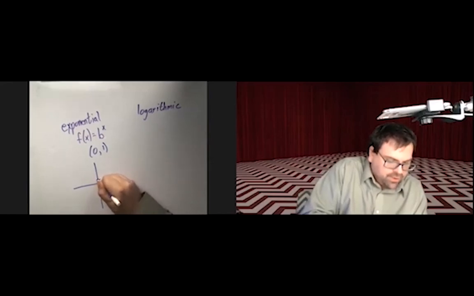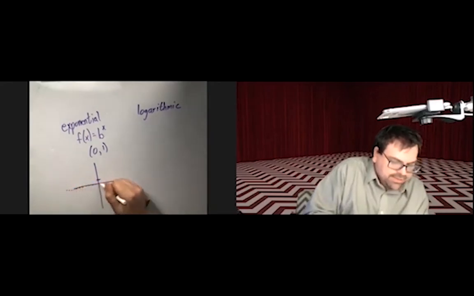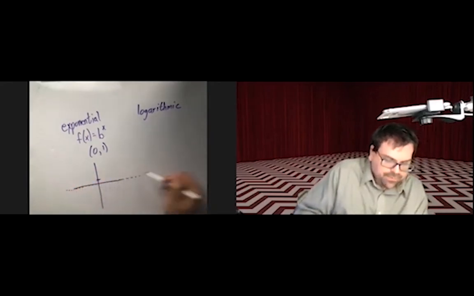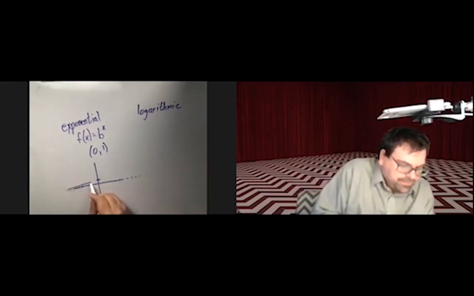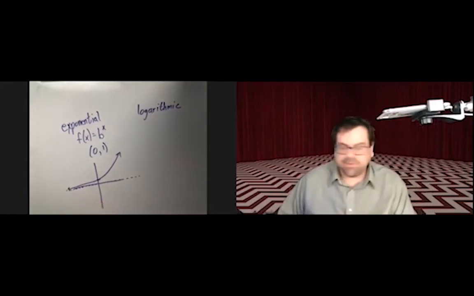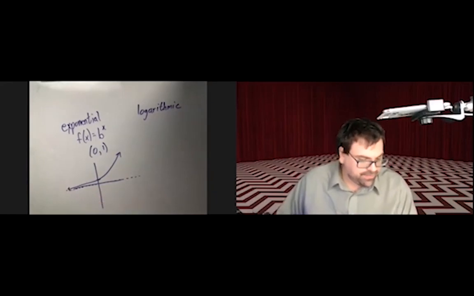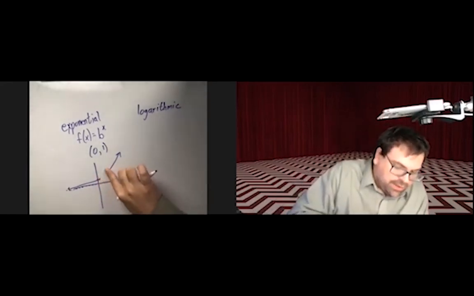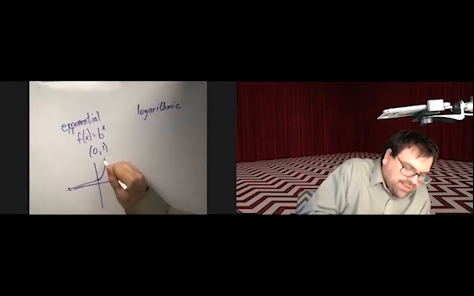It'll always have 0, 1. And it has a horizontal asymptote on the x-axis. So exponential functions look like that. Exponential rises steeply.